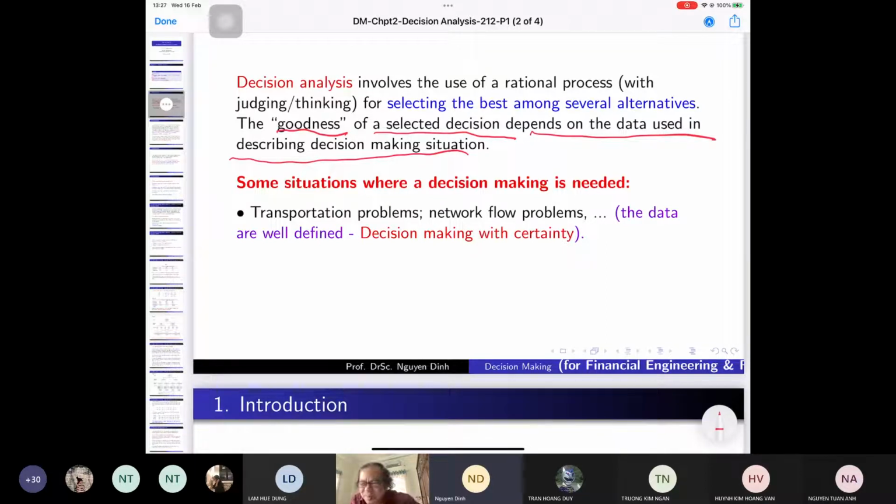With this kind of decision making, you will see that in optimization 1, the best solution is the optimal solution. The optimal solution is the best solution. For example, you find some way so that the profit is maximum.